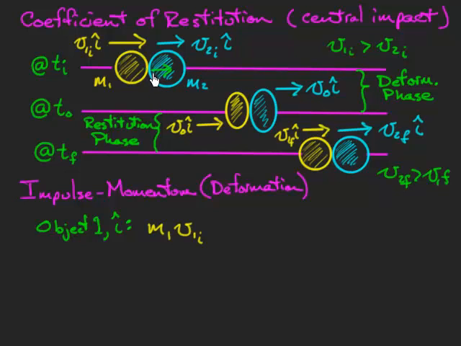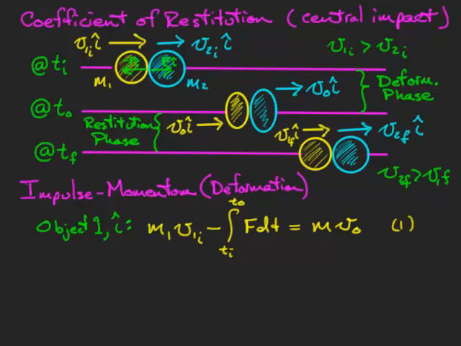Puck number 1 is feeling a force to the left. But the idea is clear, I think. So object number 1 is feeling that force in the negative i direction. Therefore, its impulse will have a minus integral of F dt from ti to t0. And this has to equal the momentum of the system at time t0. So I've got m1 v0. And this is an important equation, so I'm going to call it equation number 1.